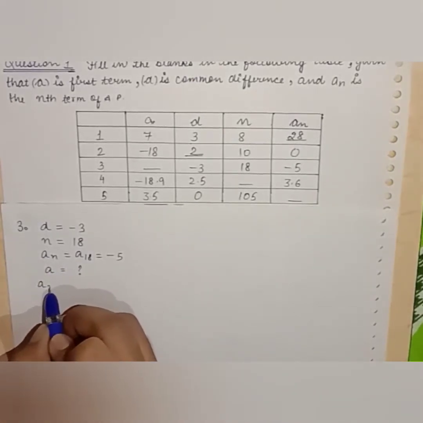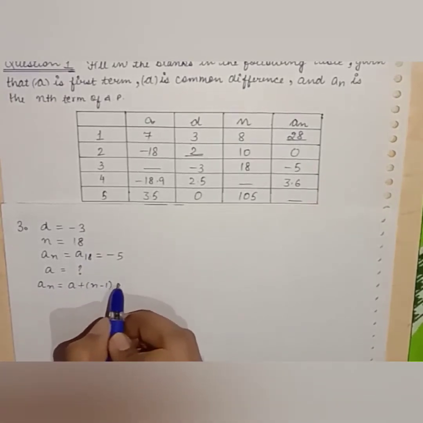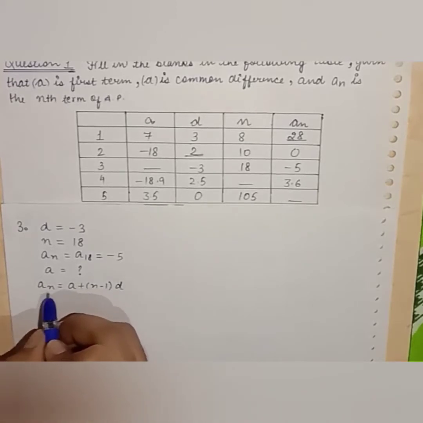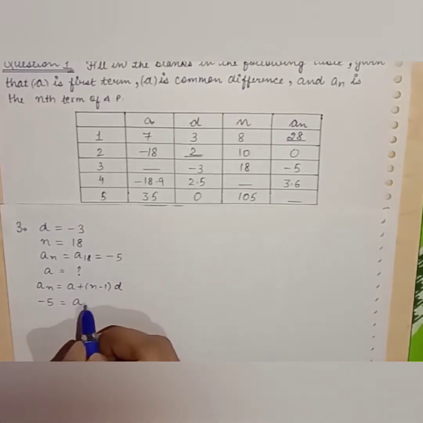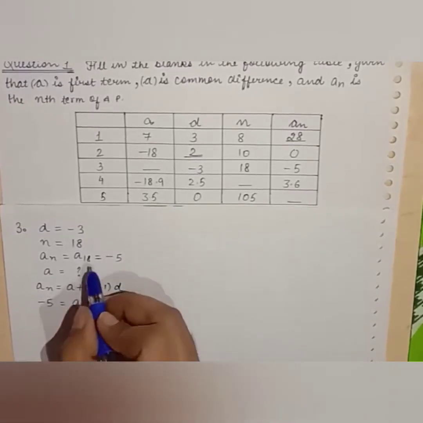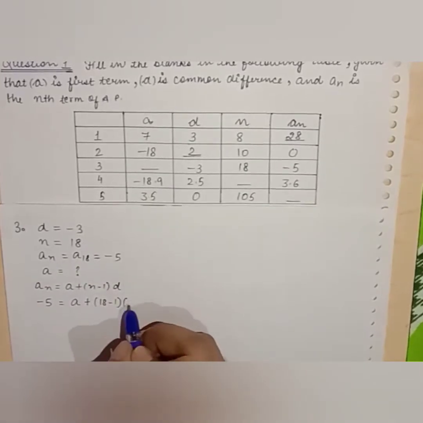We use the formula an is equal to a plus (n minus 1)d. an is minus 5, a remains as it is, n is 18 and common difference d is minus 3.